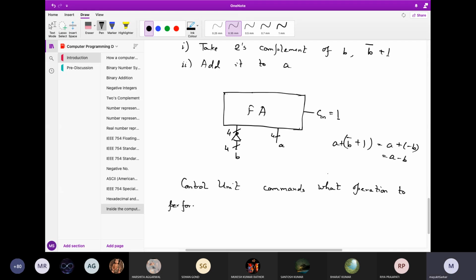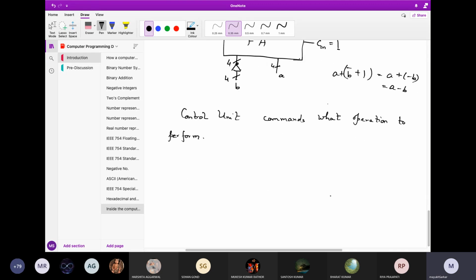If you can remember, the control unit understands the instruction that is coming in. It decodes. In fact, by decoding, again, the control unit is not something intelligent. Again, there is a specific transistor circuit like this.